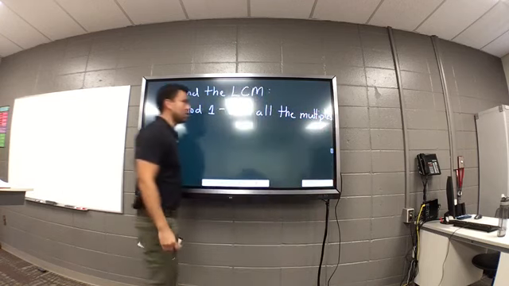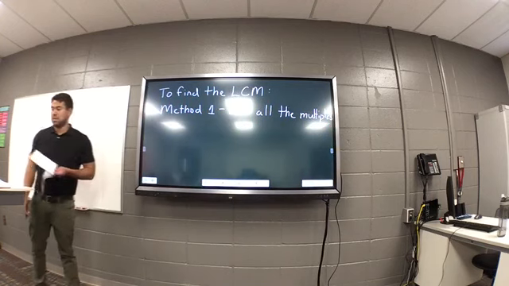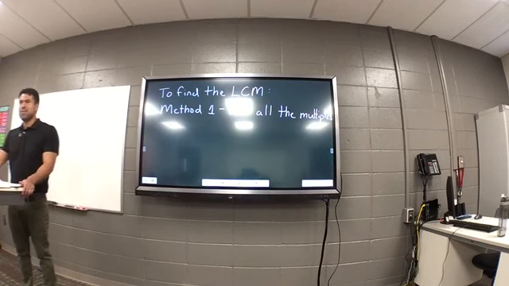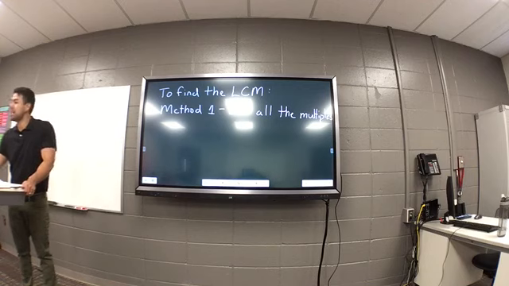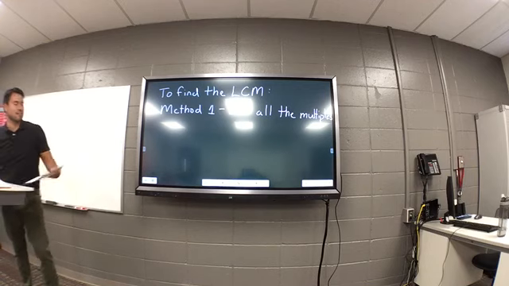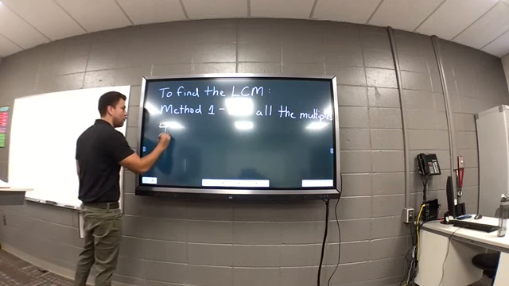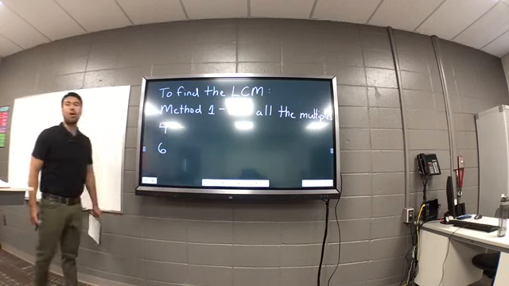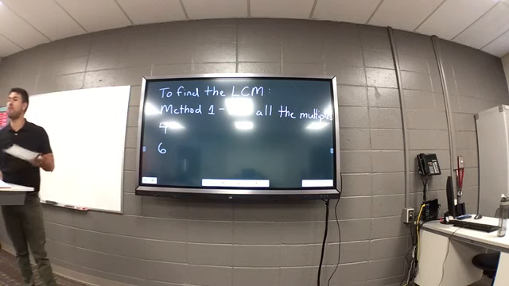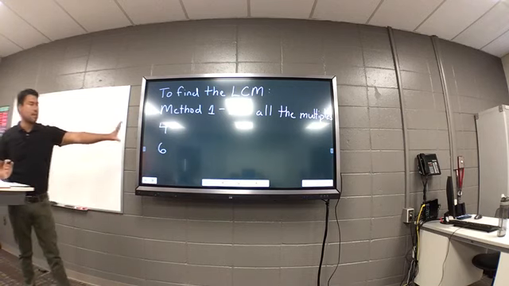When you see my list, you're going to realize, wait, Mr. A, you didn't even list them all. Okay, let's look at two numbers, 4 and 6. I want to find the least common multiple of 4 and 6.